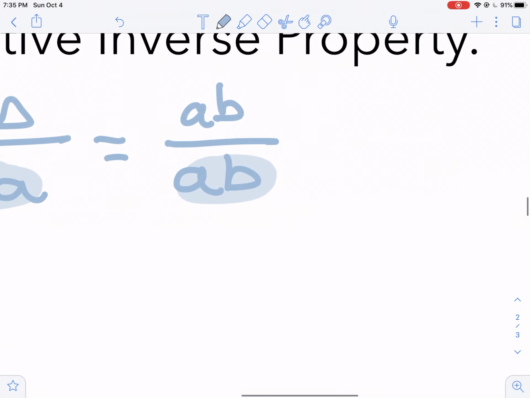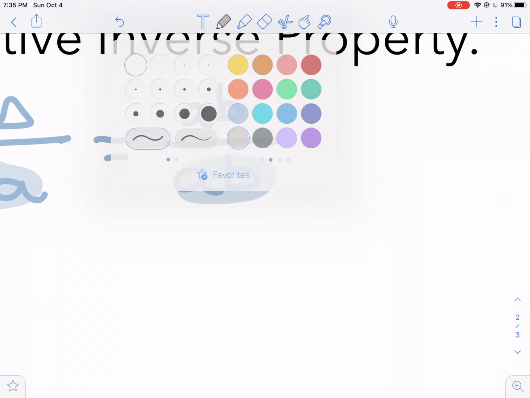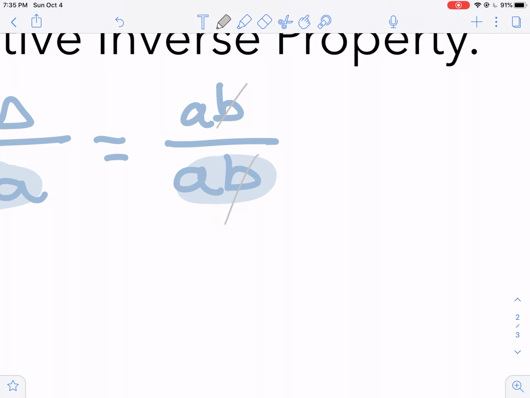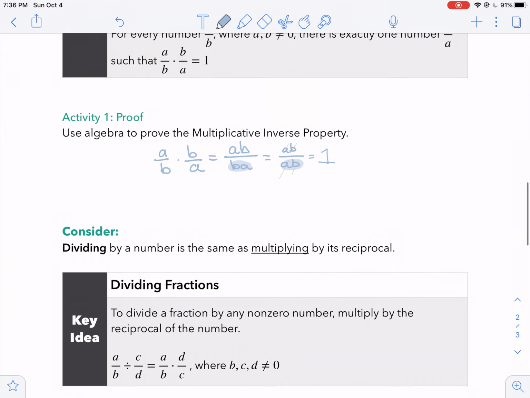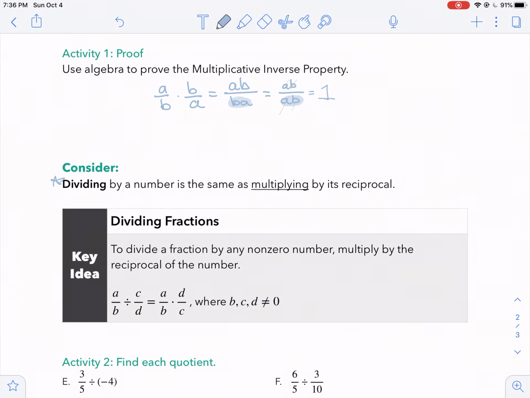And well, now we've got a lot of reduction that can be happening. The b's reduce, the a's reduce, and you guys, it's 1. Ta-da!